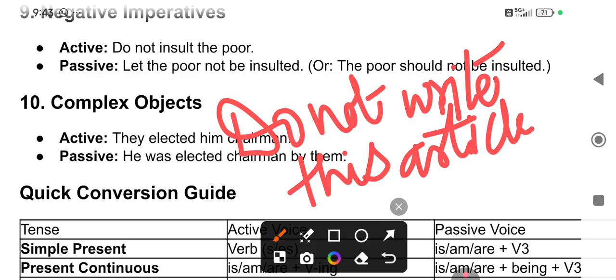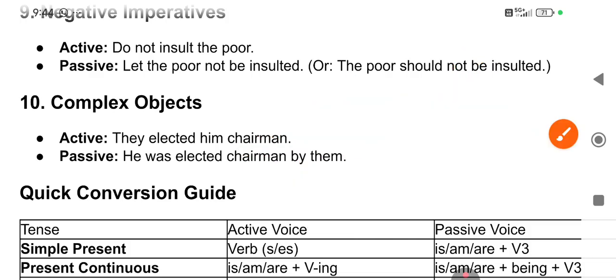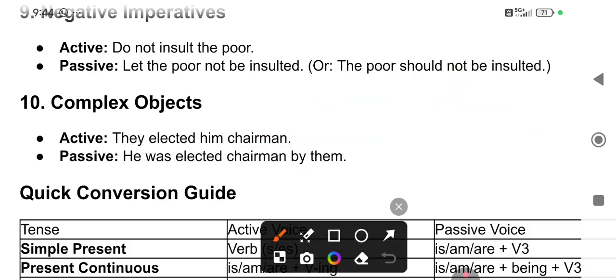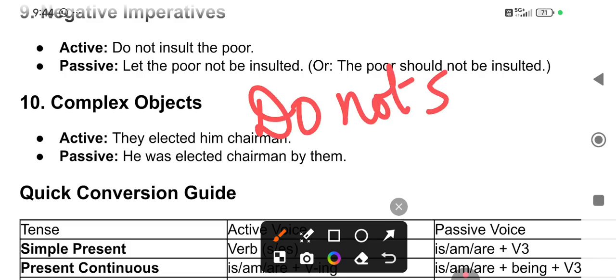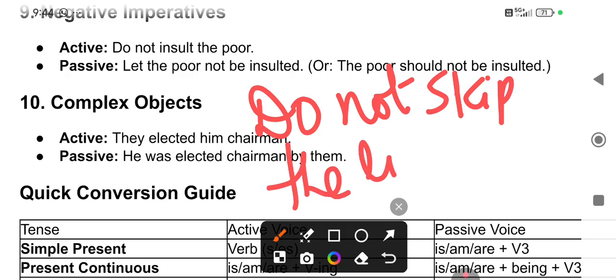Okay, so let the article not be written this way. Do not skip the lunch.